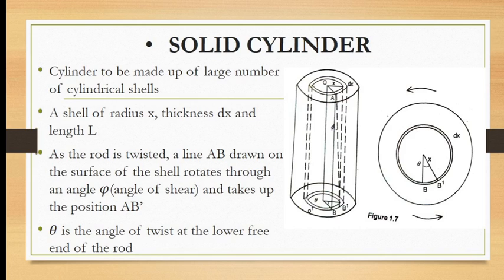That is theta is equal to arc, that is BB dash, divided by radius. Here radius is the radius of the shell which we had considered, so the radius is x. So theta is equal to BB dash by x. So we got two equations from the relation angle is equal to arc by radius.